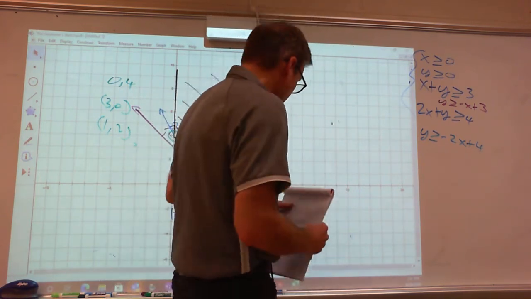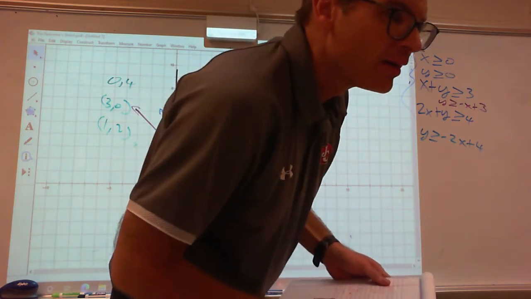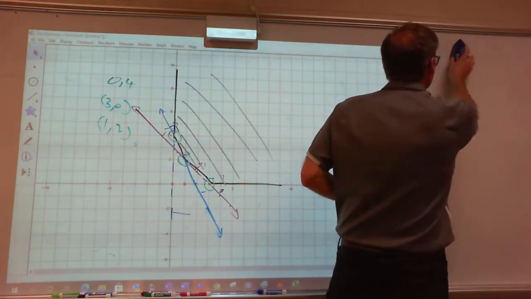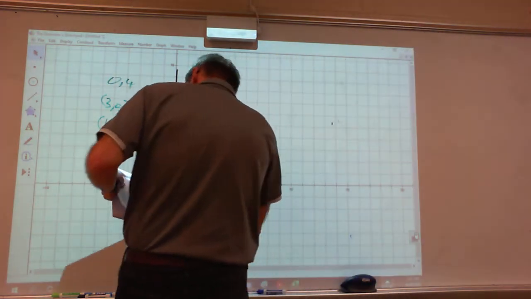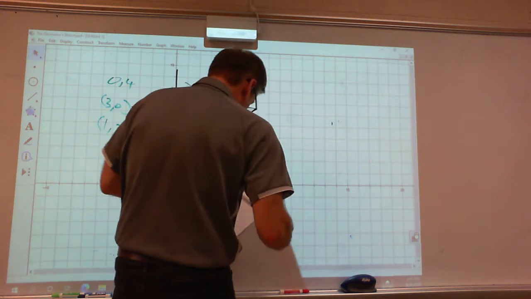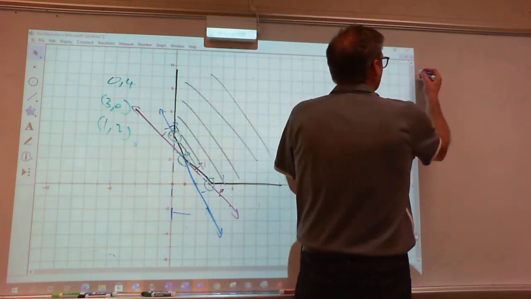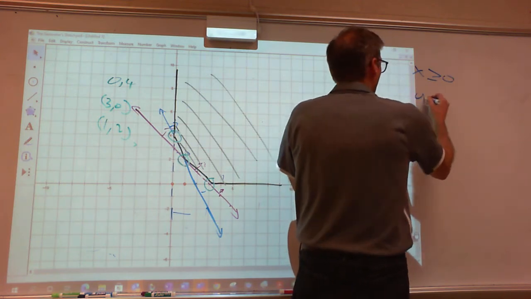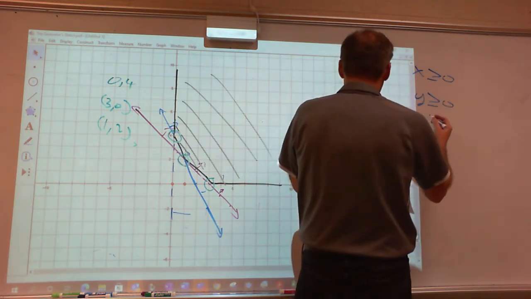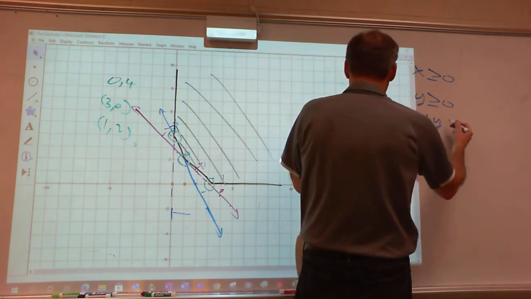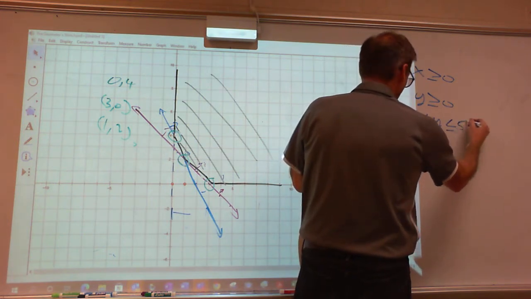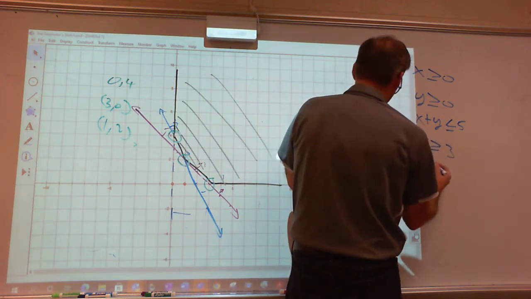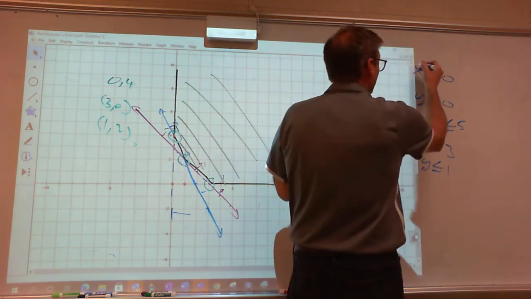Okay. All right. So next up, I want you to graph this system. So we're going to start with x greater than or equal to 0, y greater than or equal to 0, x plus y is less than or equal to 5, x greater than or equal to 3, and y less than or equal to 1.